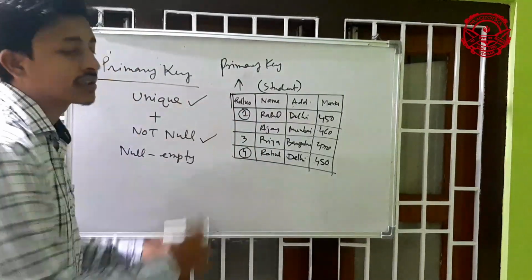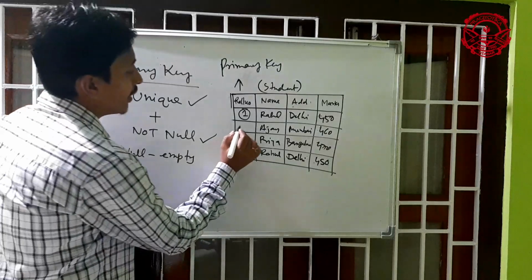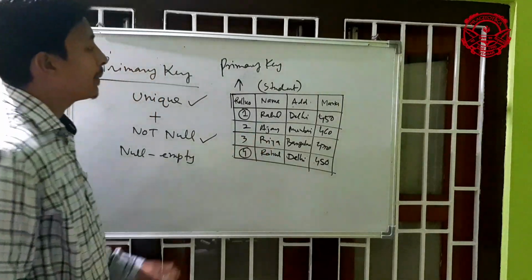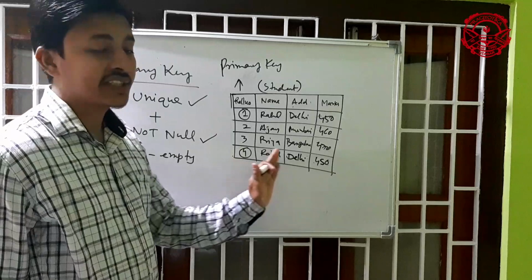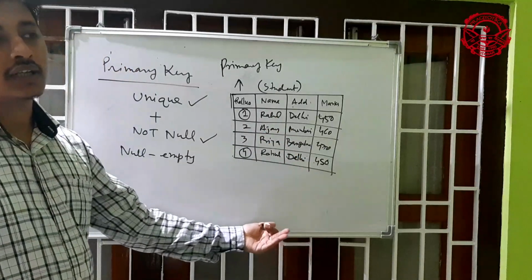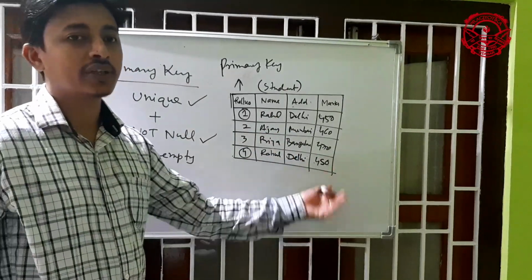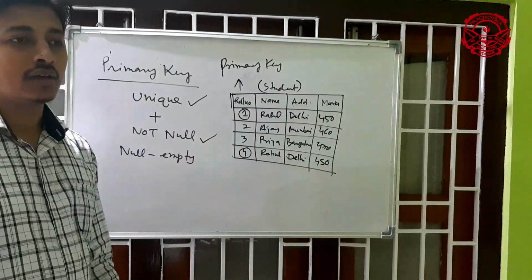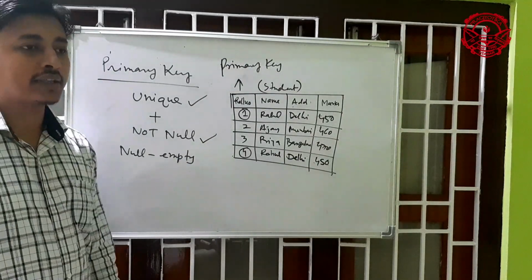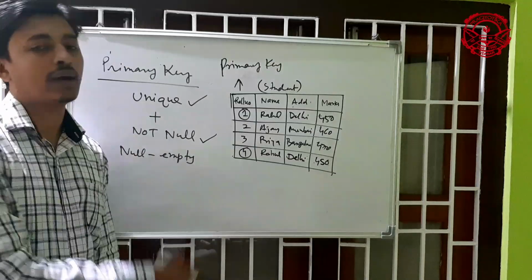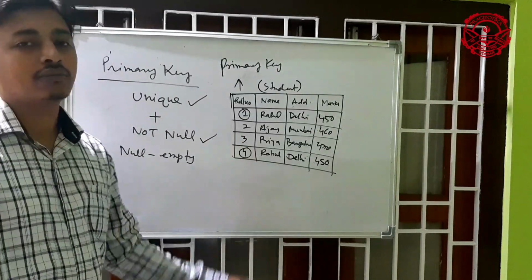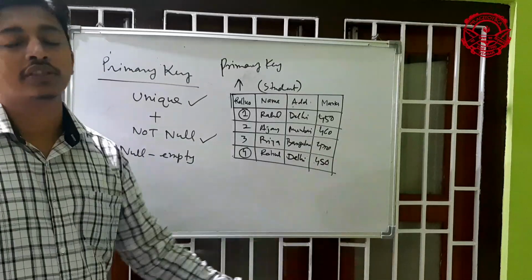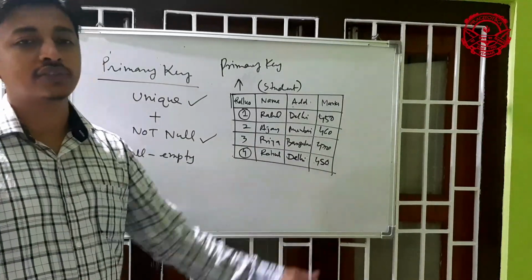We have to give something. Actually, the primary key is generated by the company or school or university. We cannot generate it ourselves. For example, roll number. In a school, I am not telling that my roll number should be 1 or 4. It is given by the school or university.